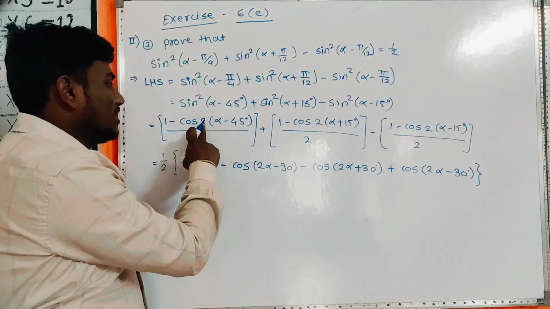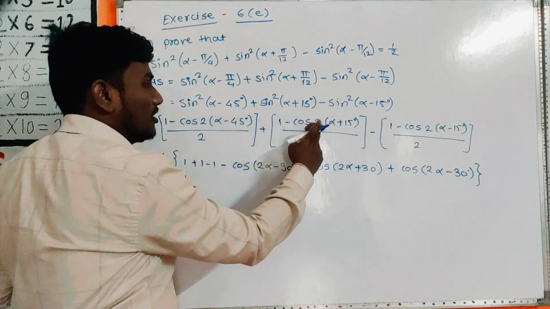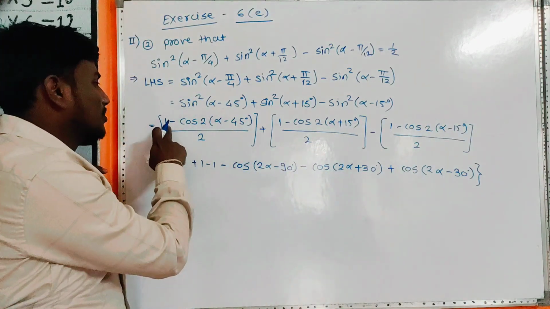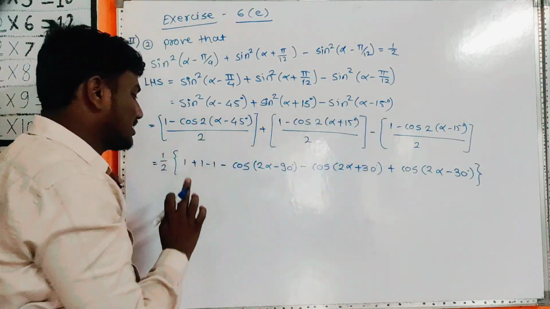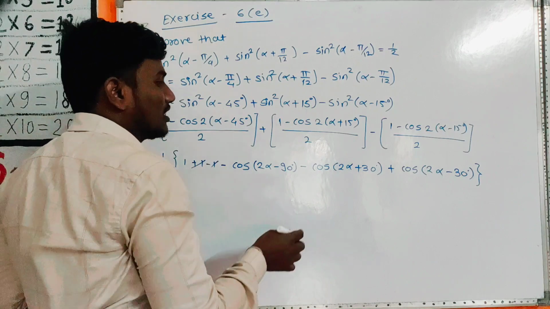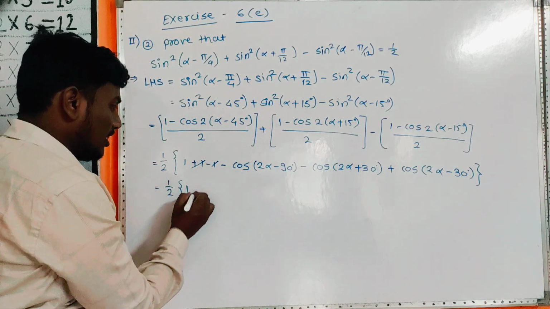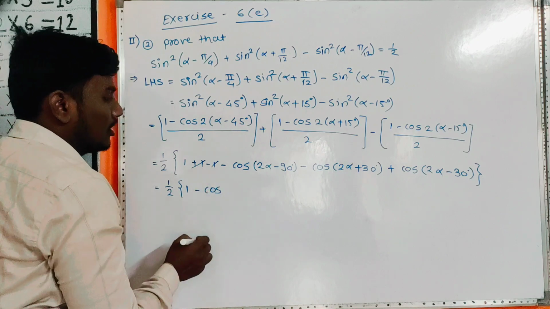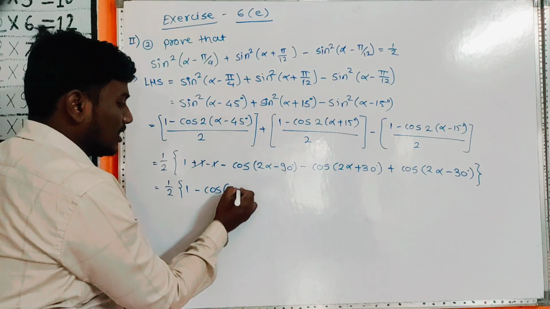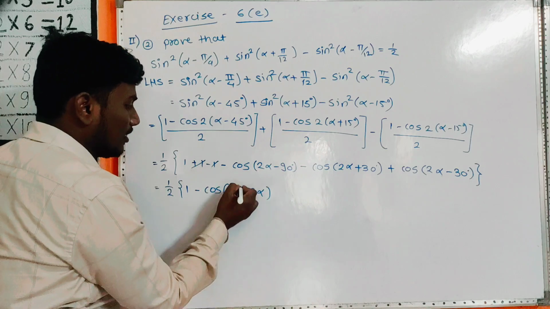So we multiply each angle by 2 here and here. Now this plus 1 and this minus 1 cancel. What is remaining? 1/2 [1 − cos (2α − 90), shall I write this as 90 minus 2α?